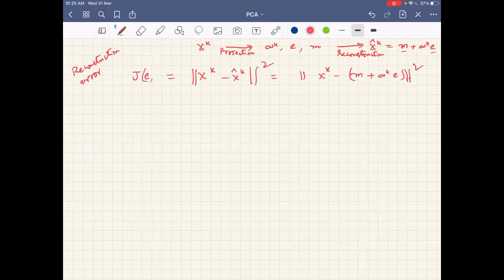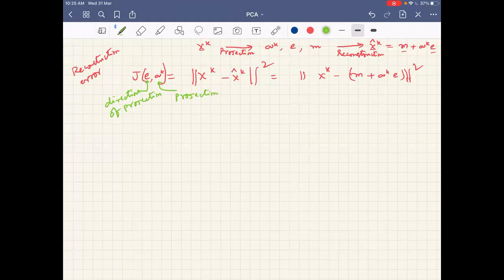Please note that E is the direction of projection. And this is also a function of ak, the projection length. So J is a function of the direction of projection and the projection length.